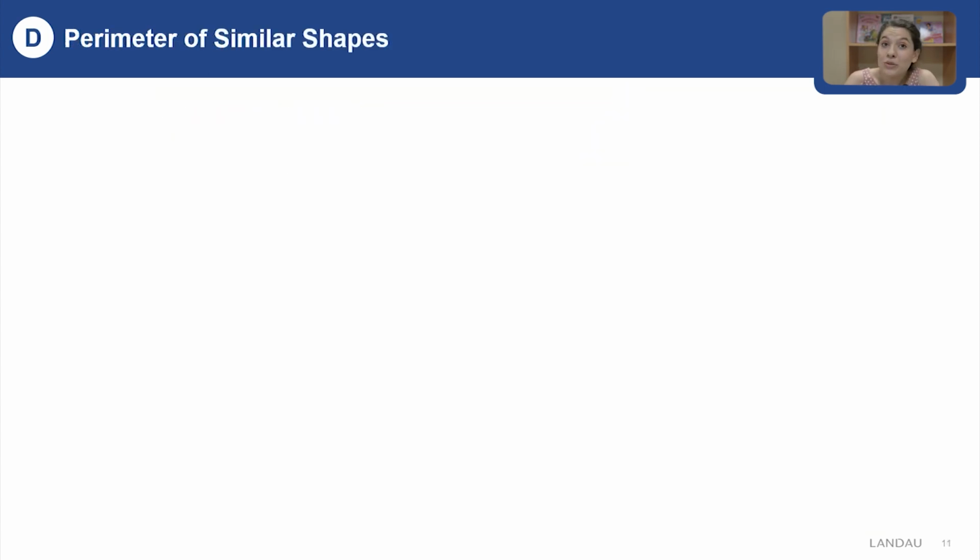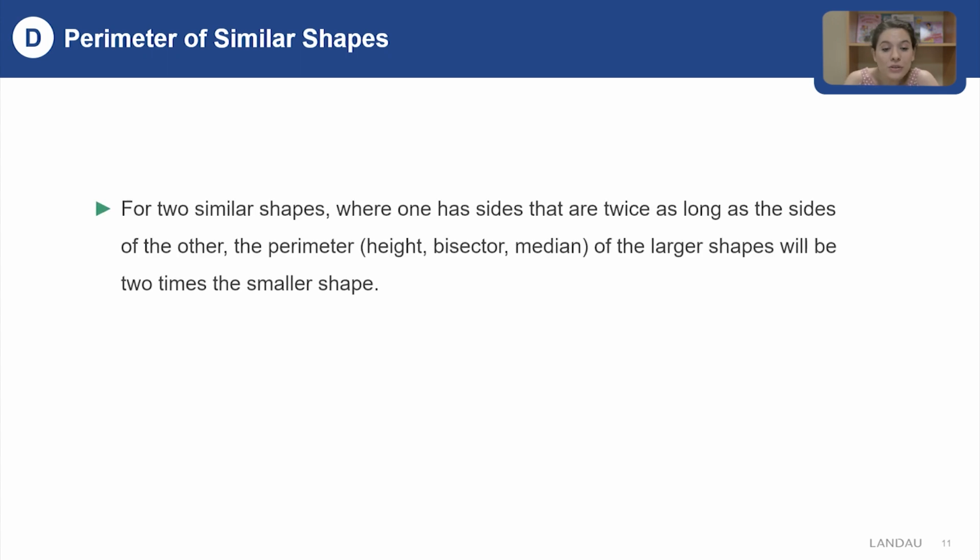And that's the final answer we were looking for. So it is time to talk about perimeter of similar shapes. For two similar shapes where one has sides that are twice as long as the sides of the other, the perimeter, height, bisector, and the median of the larger shape will be 2 times those of the smaller shape.